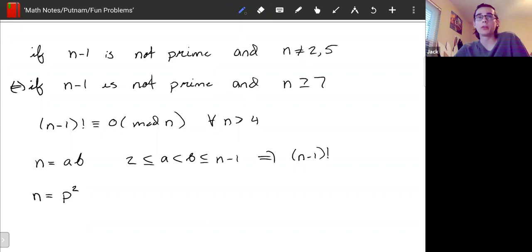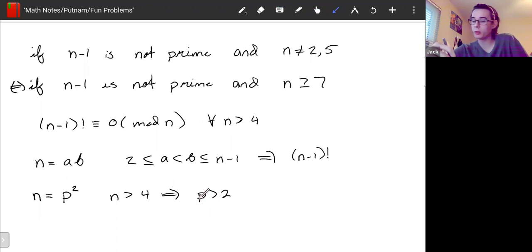And then in this case right here, we'll also have the same exact implication, since we have that n's greater than 4. Since n's greater than 4, that implies that p must be greater than 2, right? Because if p was 2, that means n would equal 4, and that goes against one of our given conditions up here.